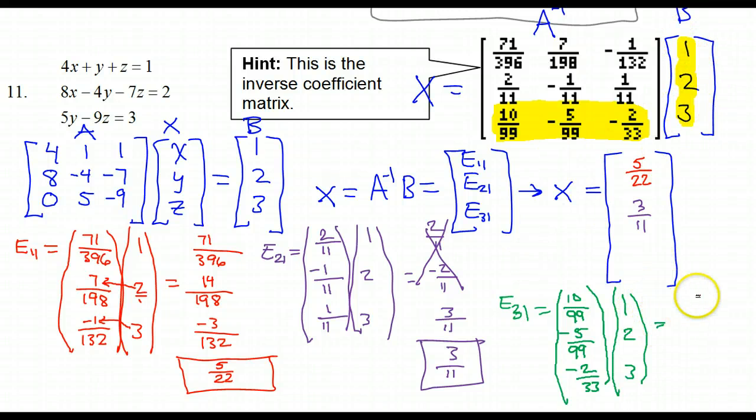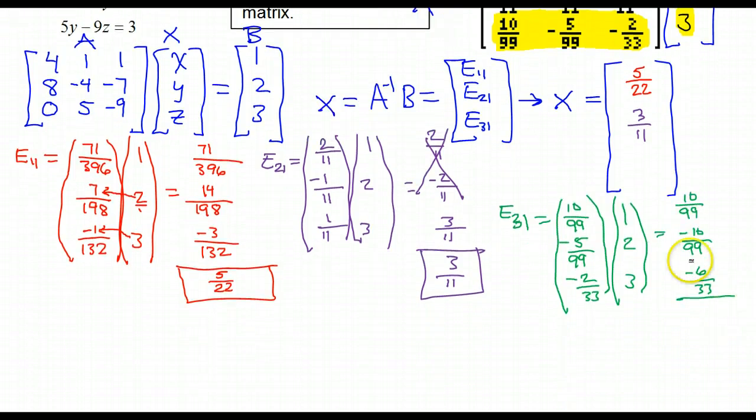So that is going to give us 10 over 99, negative 5 times 2 is negative 10 over 99, and negative 6 over 33. I'm supposed to add these all up again, but look, once again, positive 10 99ths and negative 10 99ths are going to cancel each other out.